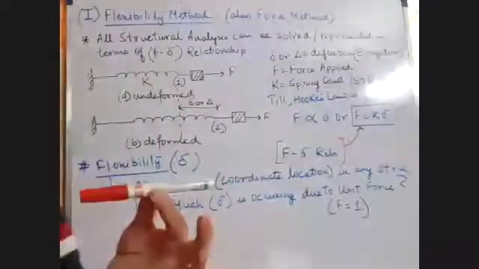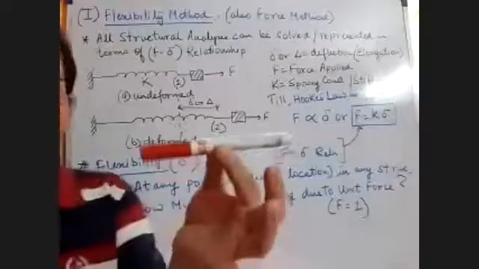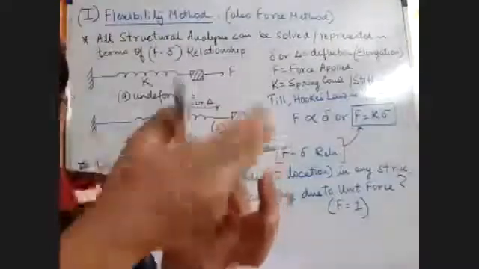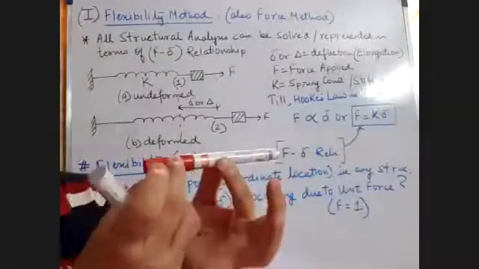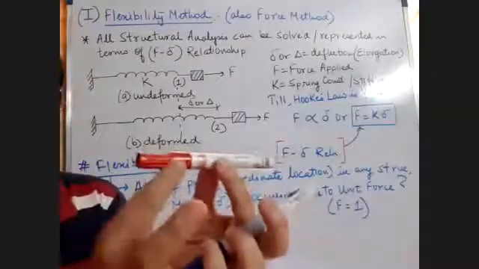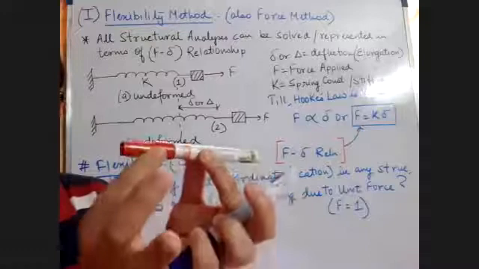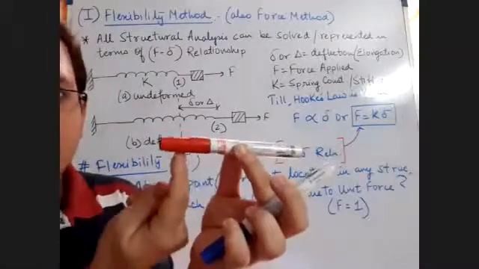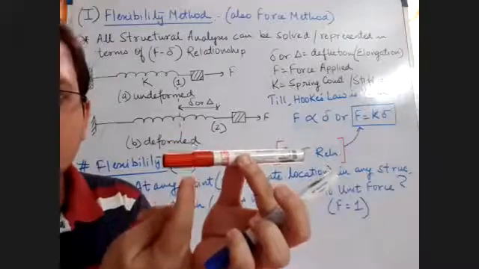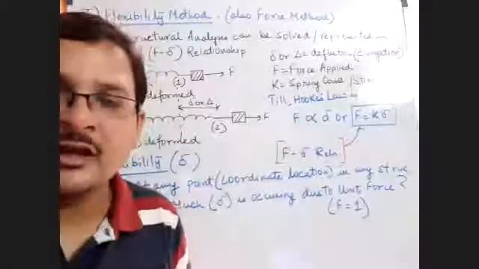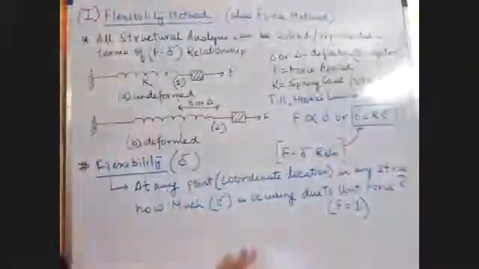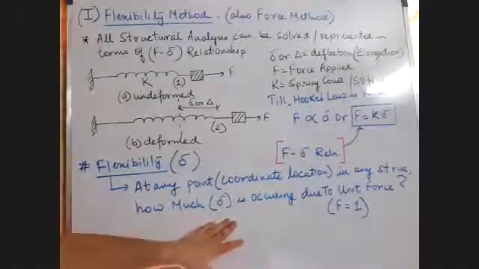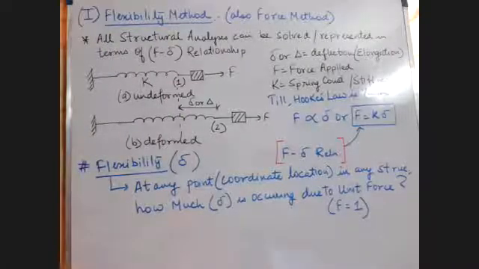Just for the time being, understand, this is a beam, and I am putting, for example, a force of 1 kilonewton at this point, okay? I'm putting 1 kilonewton force, and what is the deflection or displacement? That is basically what is known as flexibility in a structure.